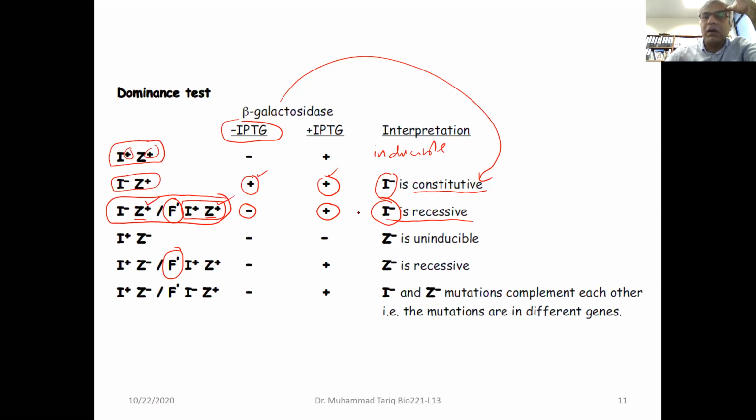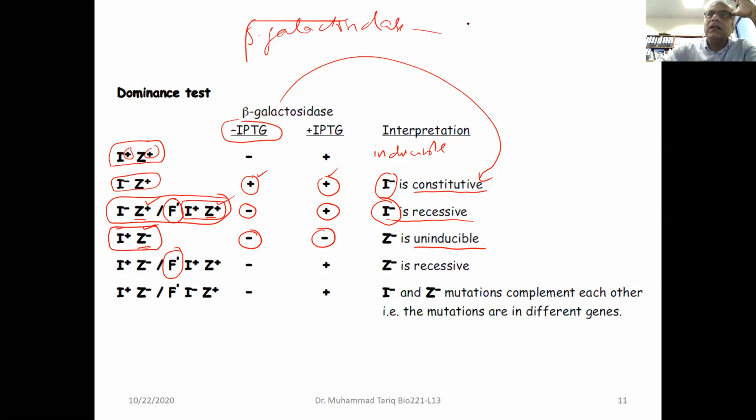Yes. Okay. Now they had a mutant which is Z minus, a mutation in beta galactosidase. If you have I plus and Z minus in the same organism, it's uninducible because Z is mutant. When beta galactosidase is mutant, there's nothing to utilize lactose.